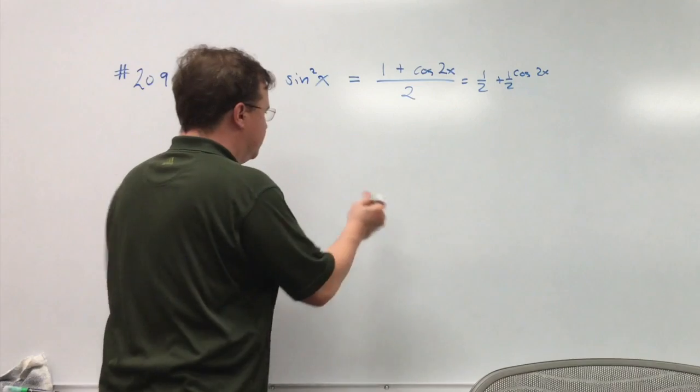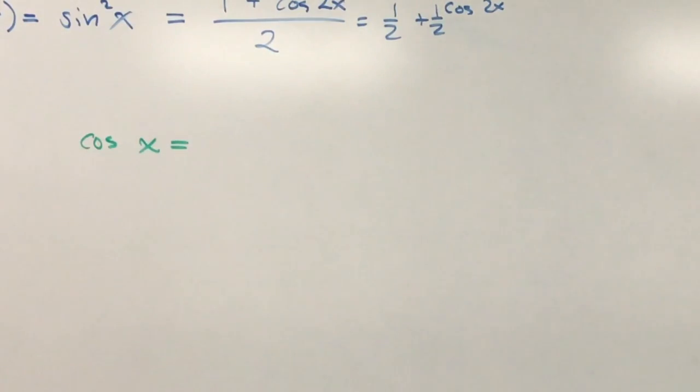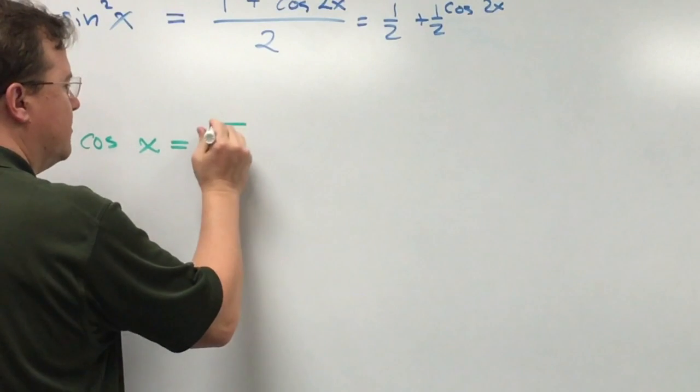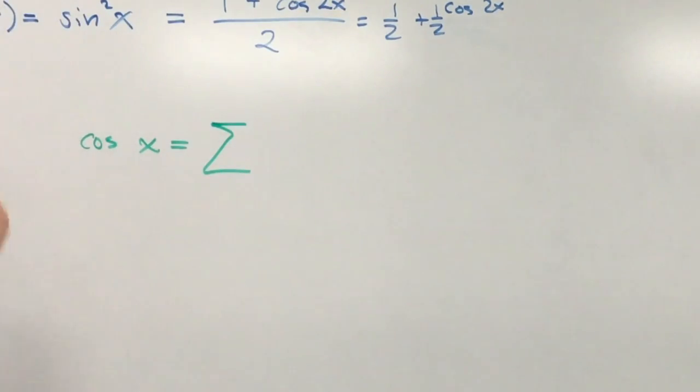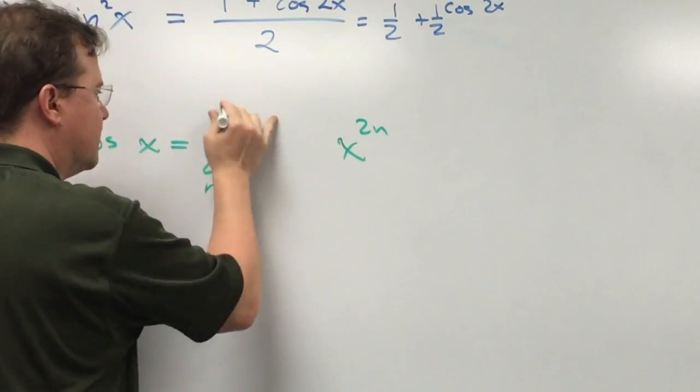If I already know the Maclaurin series for the cosine of x, that gives me a huge head start. It's something that might be worth memorizing. It's all the even powers of x, so it has x to the 2n, where n goes from 0 to infinity.